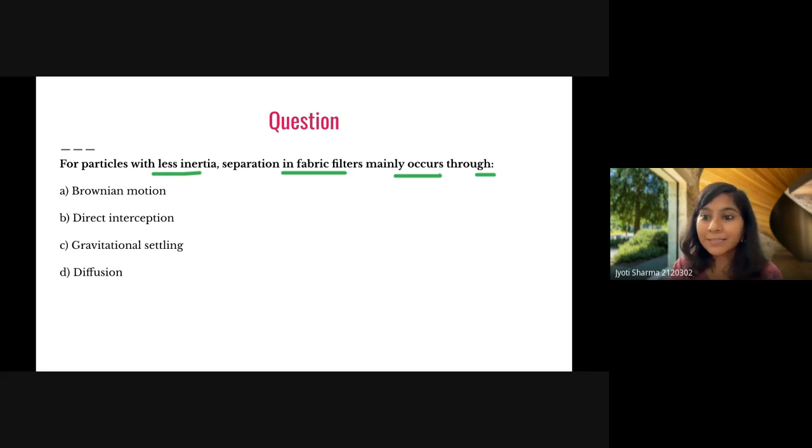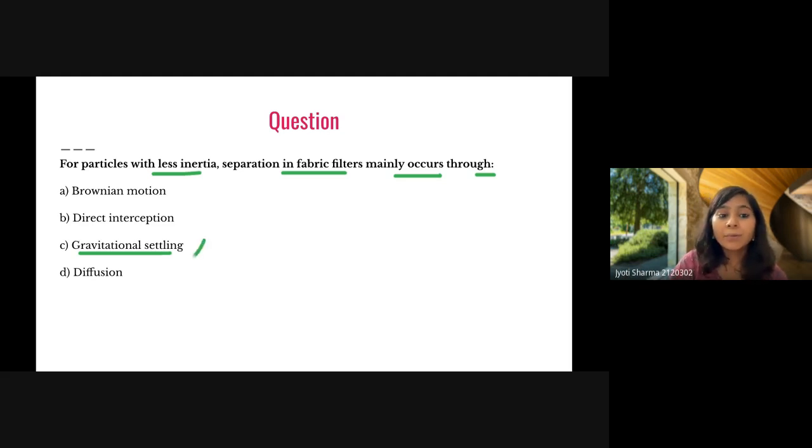So I'm canceling out two options. Gravitational settling, because we are talking about a smaller size, since it has less inertia. For a very small particle, the efficiency for settling is not much higher, so this is not the right answer.